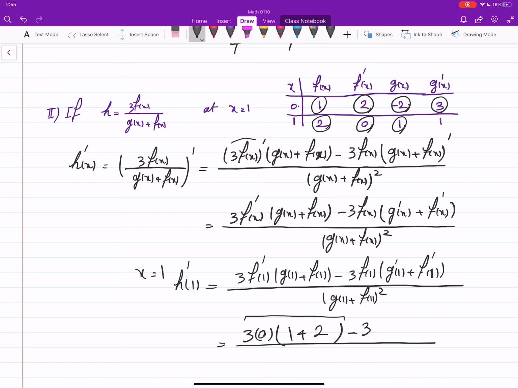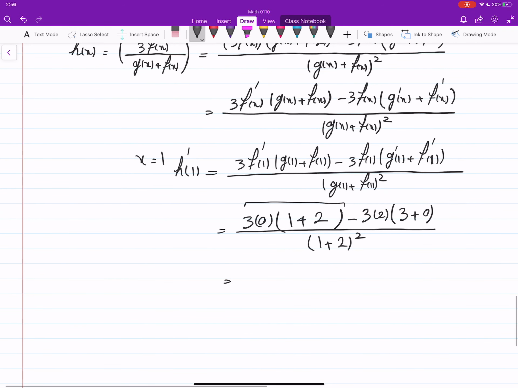F at 1 is 2 times g prime at 1 is 3. This is the value. Plus f prime at 1 is 0, over g at 1 is 1, f at 1 is 2, squared.